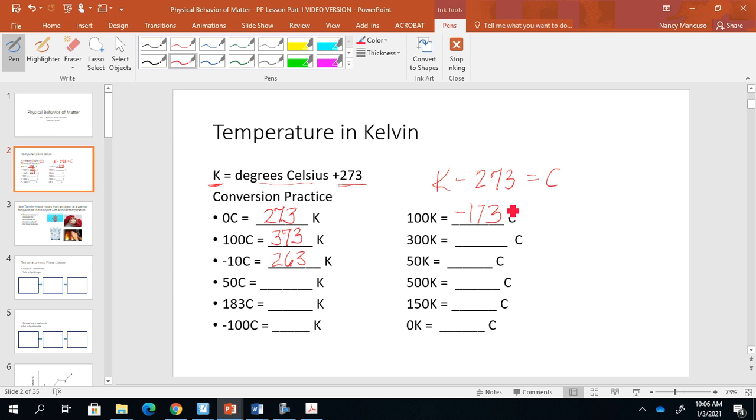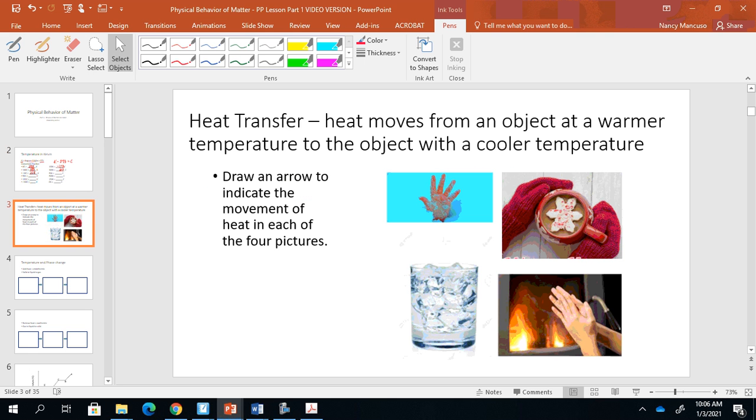That's definitely going to come out a negative number because 100 K is less than 273, so it has to be less than 0 Celsius. If I take 300 and I subtract 273, that comes out to 27 degrees Celsius. So you get the hang of that. Pause me, work on that, and you can check your answers when you're done. I'm going to move on to the next slide.